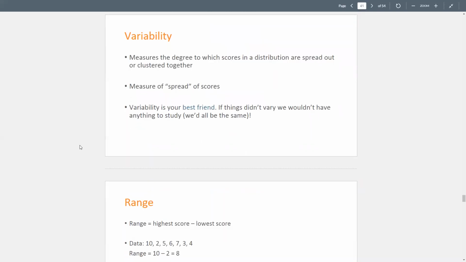Another important descriptive statistic is one that measures variability, or the degree to which the scores are spread out in the distribution. I like to think of variability as your best friend in statistics, because if things didn't vary, we wouldn't have anything to study, right? Everybody would be the same. Just like we have many different measures of central tendency, we have different measures of variability.